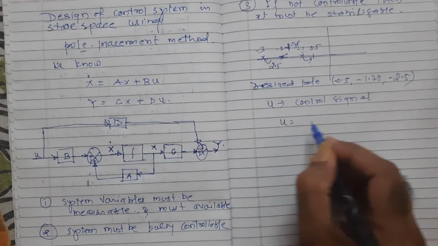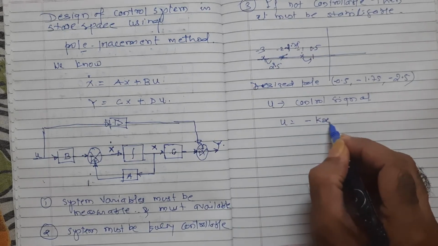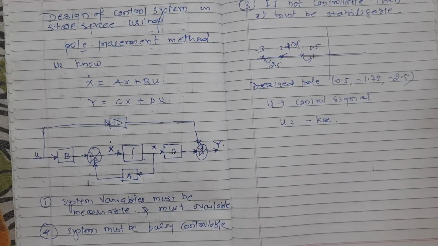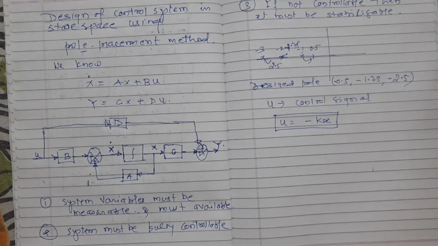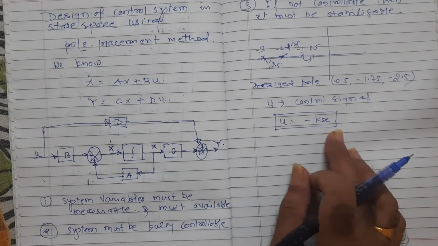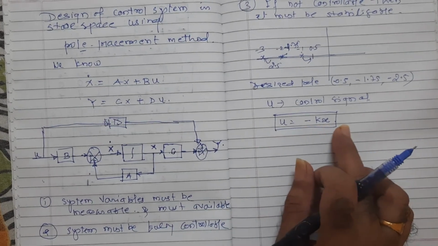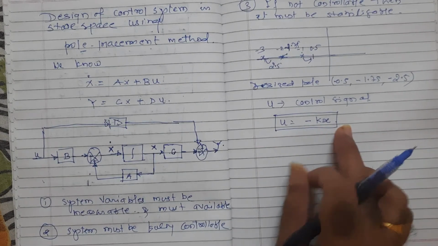So u is equal to minus k into x. This is my equation for the control system, the control law: u equals minus k into x.